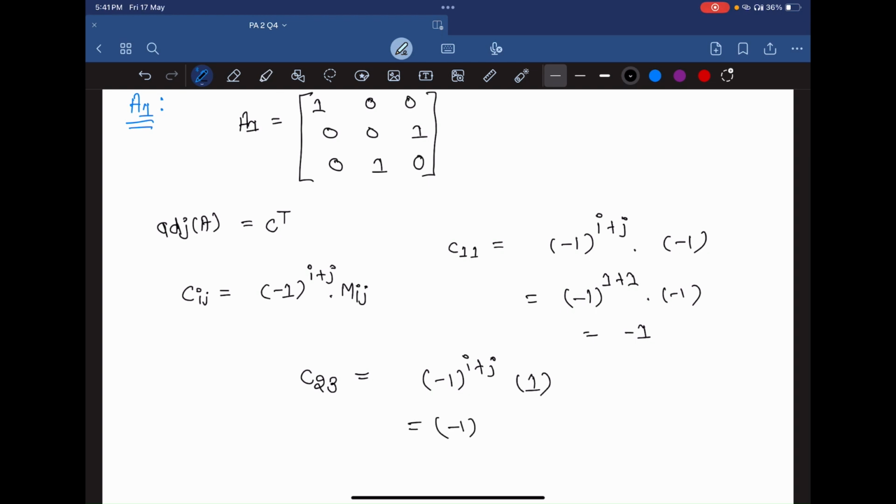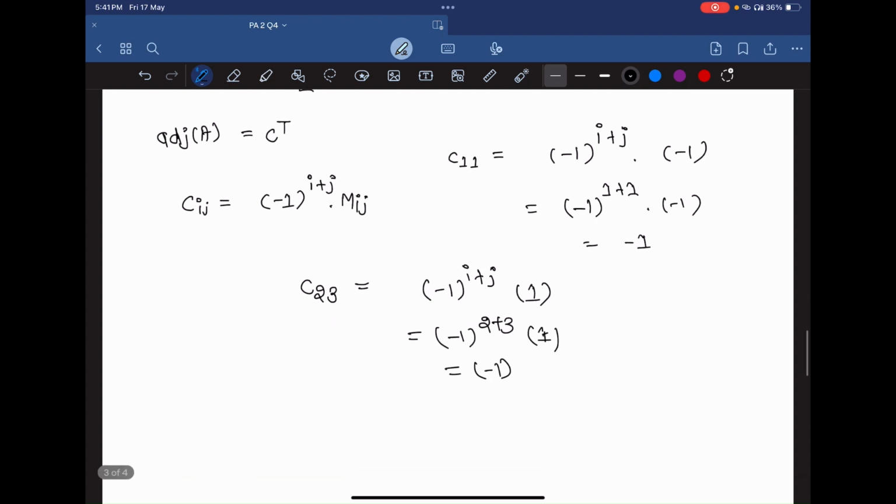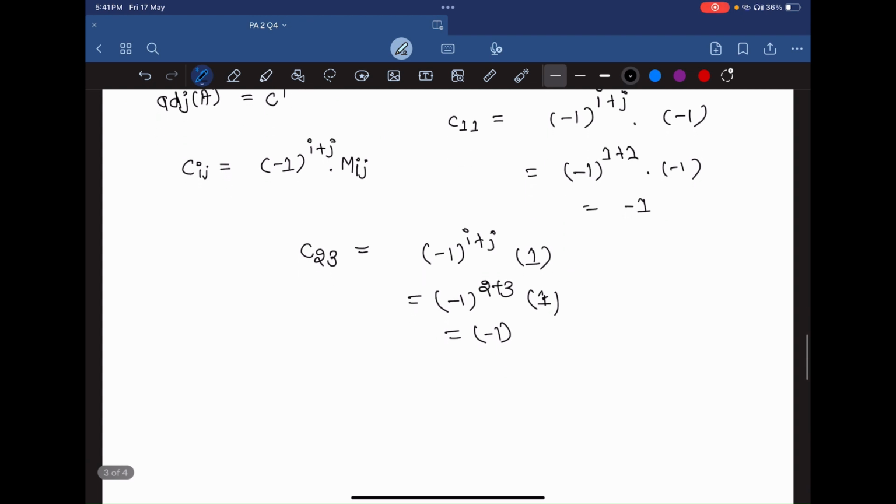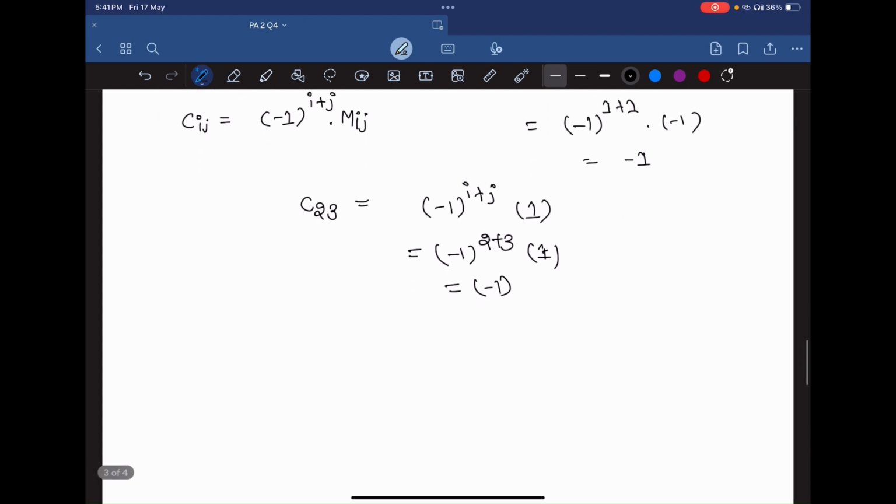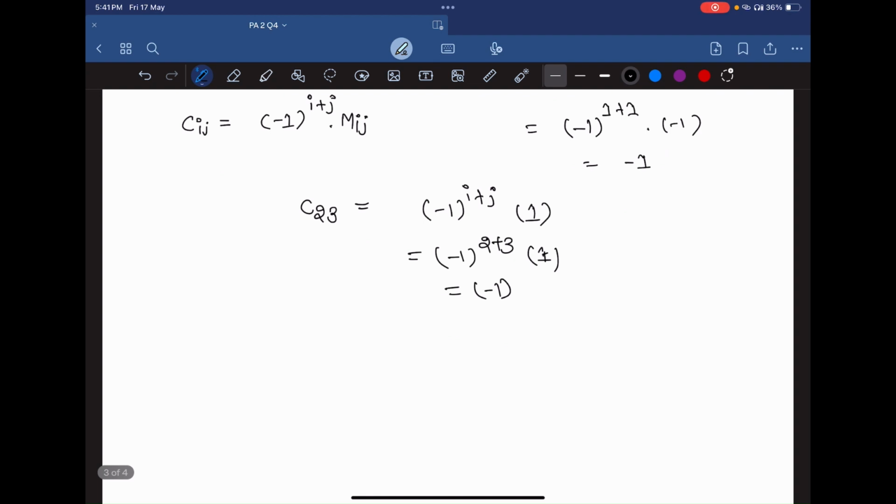Now we are calculating at 2/3, so 2 plus 3 times 1, which would be minus 1. Similarly, we will calculate the cofactor at each entry and put them in matrix form, where the ijth entry corresponds to the ijth cofactor of matrix A.